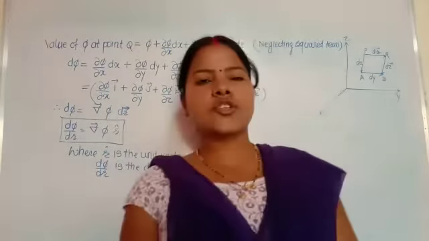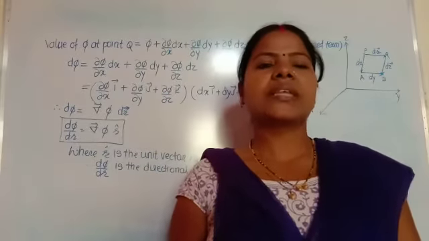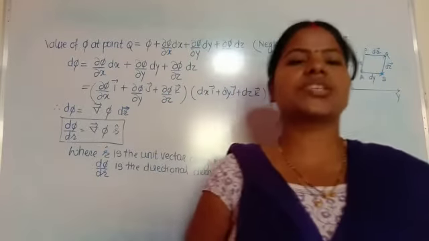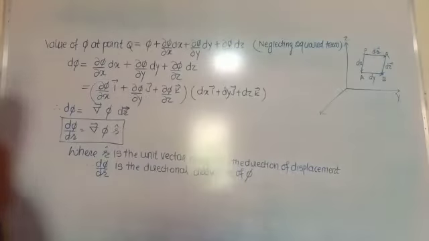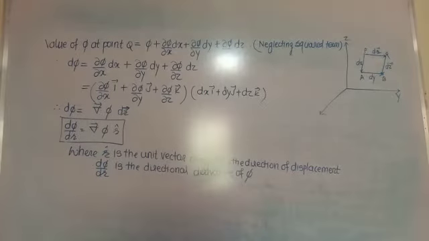So our next topic is the physical significance of divergence. Okay. We know that the divergence is the dot product of the operator and the vector field.